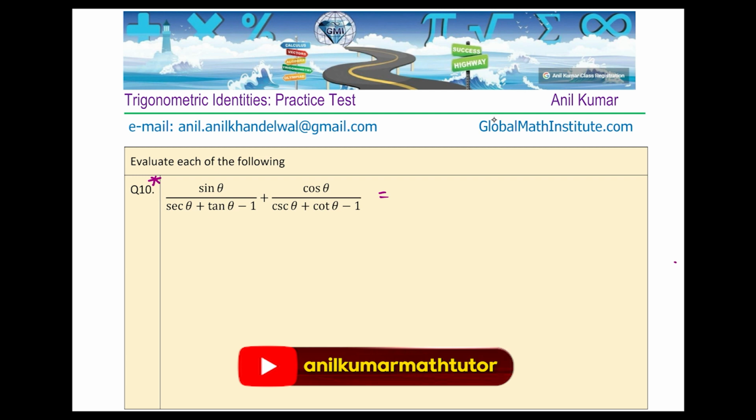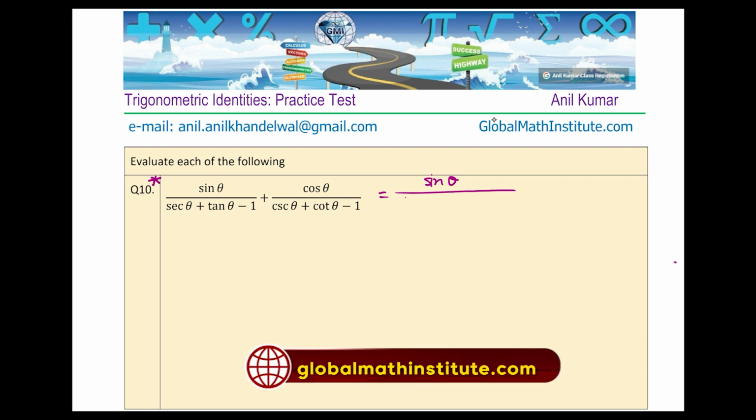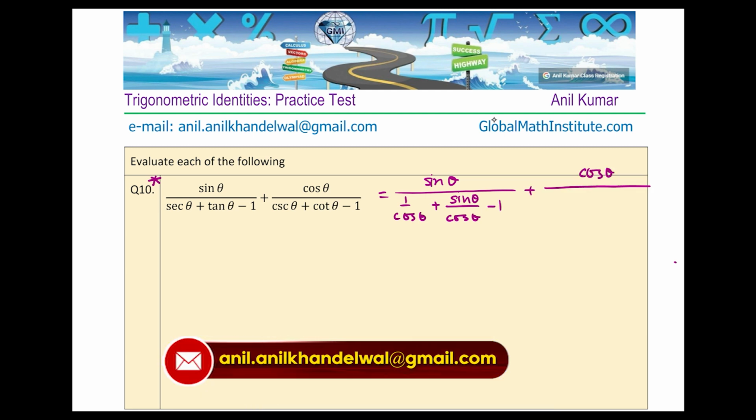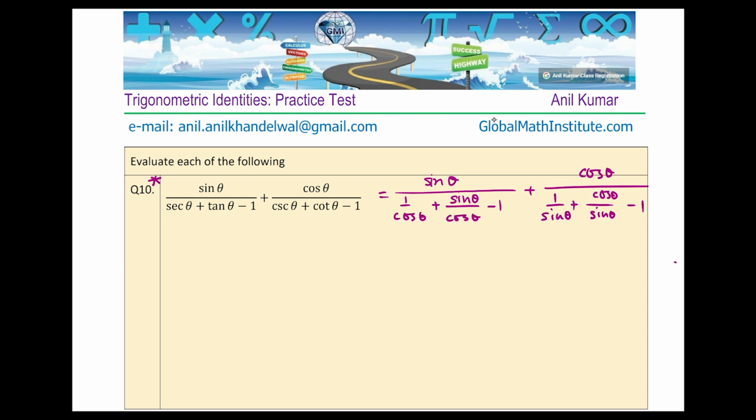So the first term is sine theta divided by secant is 1 over cos, plus sine theta over cos theta, minus 1, plus here we have cos theta over 1 over sine theta plus cos theta over sine theta minus 1.